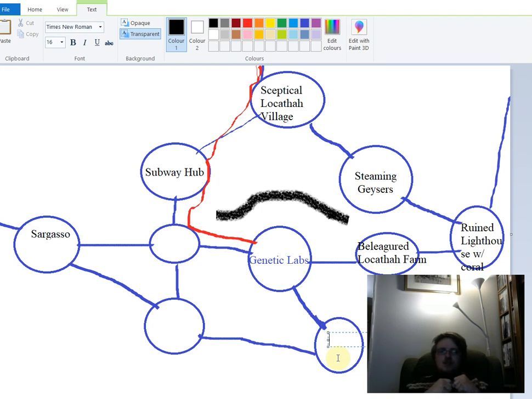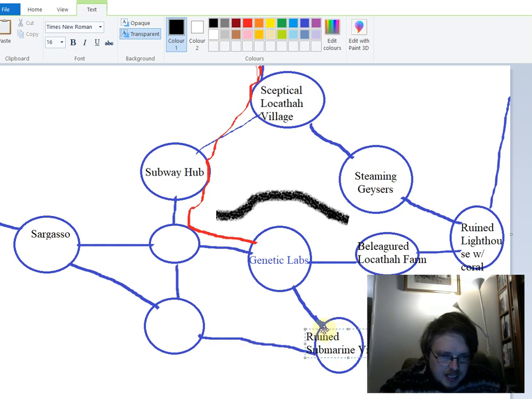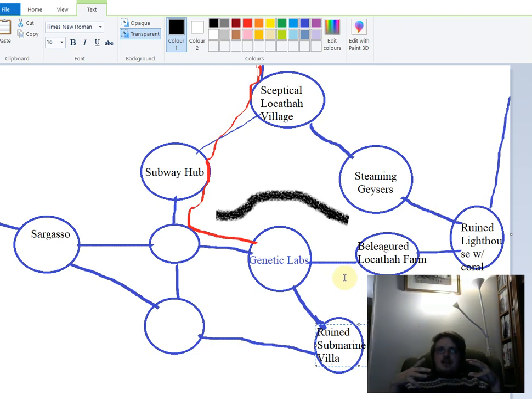But perhaps instead it should be a ruined submarine villa. So what we're talking about here is the old Feyarchs had some houses out here, and this is an enormous, relatively speaking, villa that has sunken.